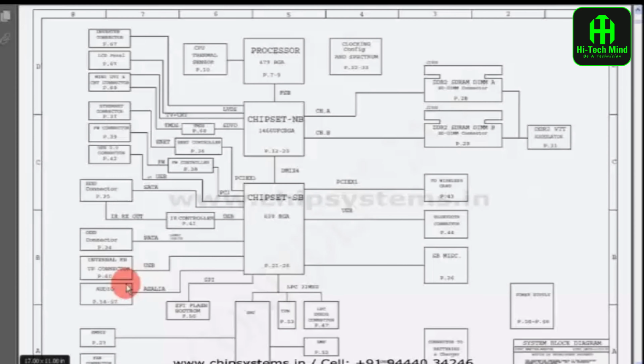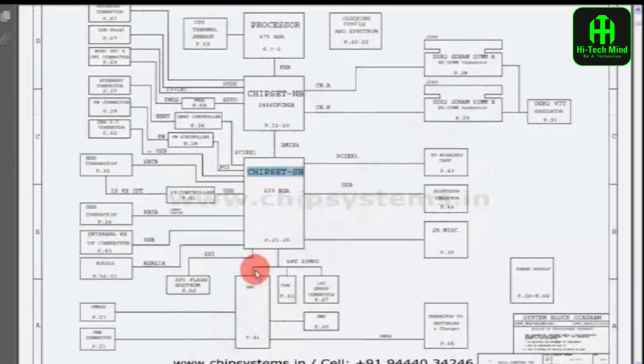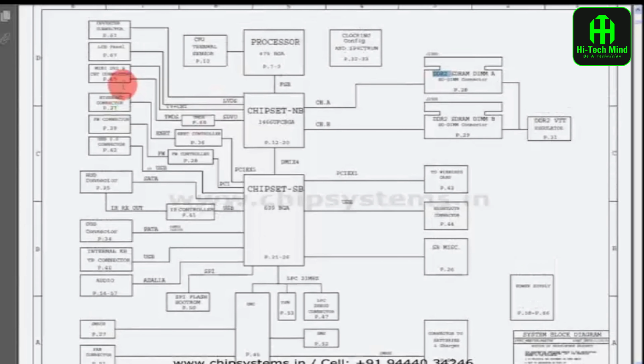So this is the latest technique. Processor, chipset Northbridge, chipset Southbridge, and this is the IO chip. Here also we are using the same architecture. The Northbridge is connected to DDR RAM, and on the left side LCD, DVI, etc.